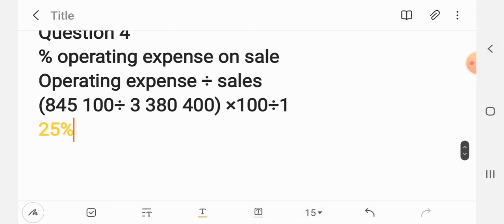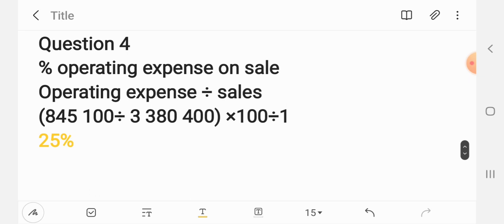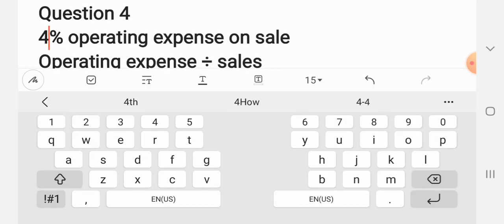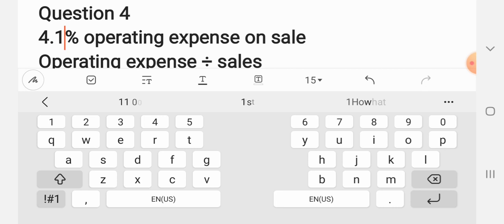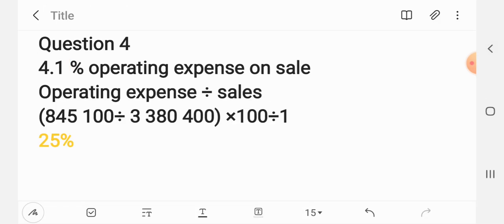So 25% will be the answer for 4.1. We are asked to calculate the percentage of operating expenses on sales.